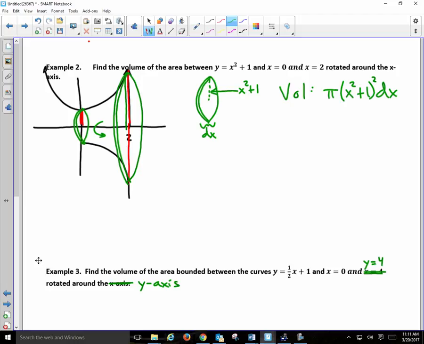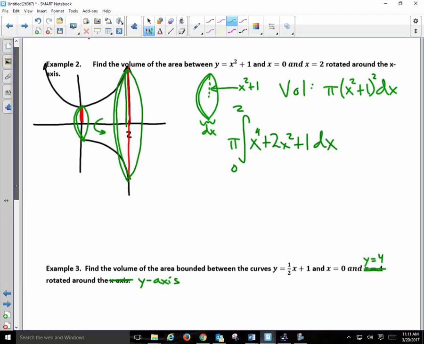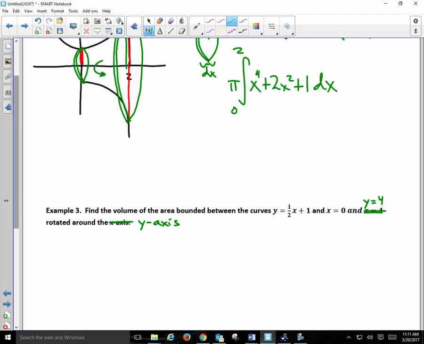In order to do an infinite number of those disks, stack them up on top of each other, I integrate from what to what? From 0 to 2. Pi times, if we square x squared plus 1, what do you get? And I integrate. What is the antiderivative of x to the 4th?